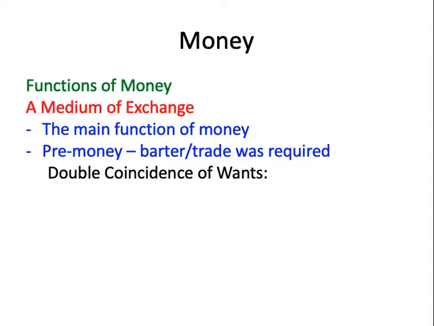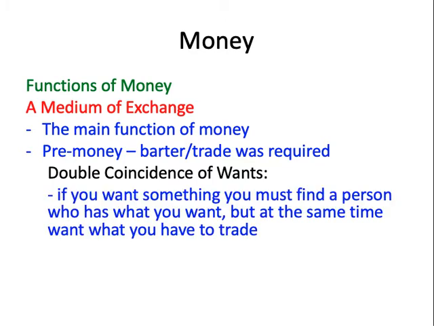What is this double coincidence of wants? If you want something, you must find a person who has what you want, but at the same time wants what you have. You may find someone who has what you want, and that's great, but if they don't want what you have to give them, how are you going to get what you want from them?